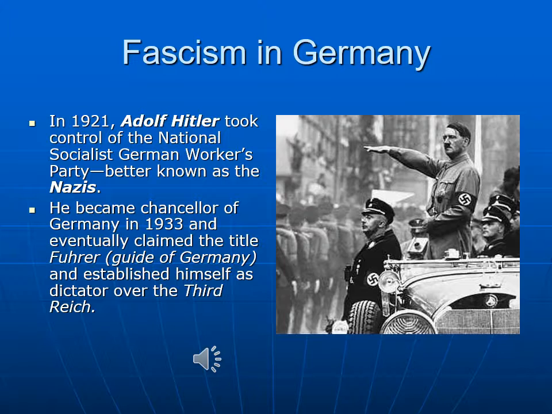Führer actually means leader. Now the PowerPoint says guide of Germany, but it's really the leader of Germany. And then he's talking about here of the Third Reich, and it means the Third Empire. Reich actually is German for empire. All right, so he comes into power, and then in 1939 you have the beginning of World War II.